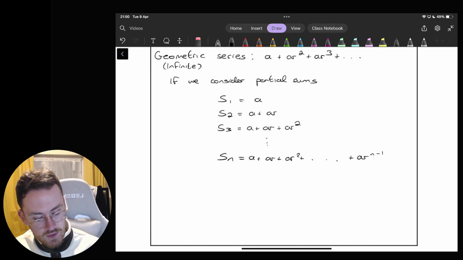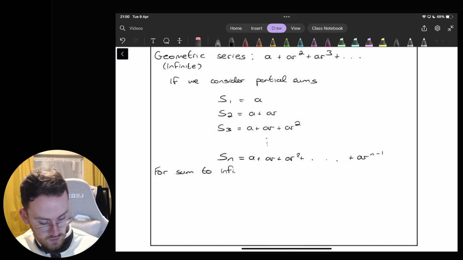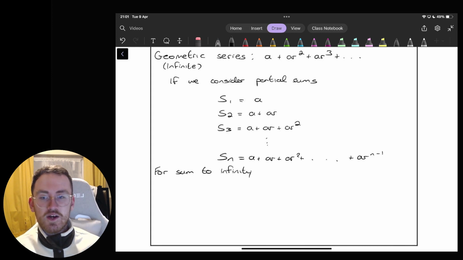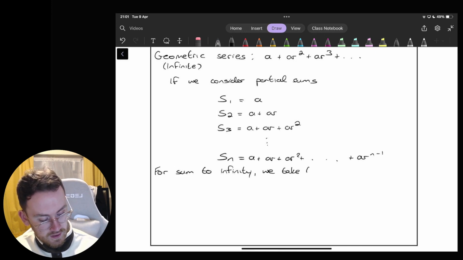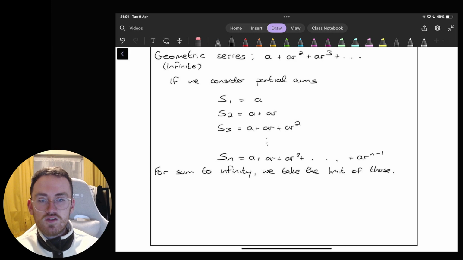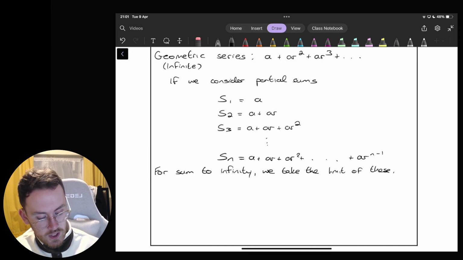If we want to get the sum to infinity, and this is written out in even more minute detail in the notes here, for the sum to infinity we can take the limit of these partial sums. Each of these arises from my Sn formula, so I'm going to take the limit of that formula.